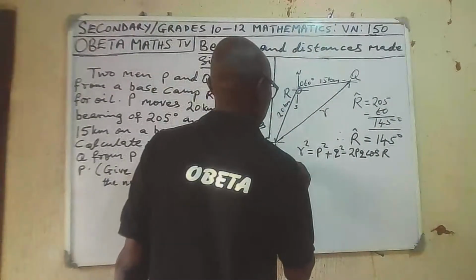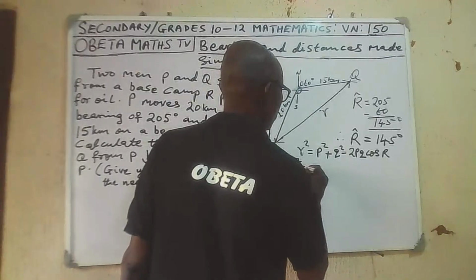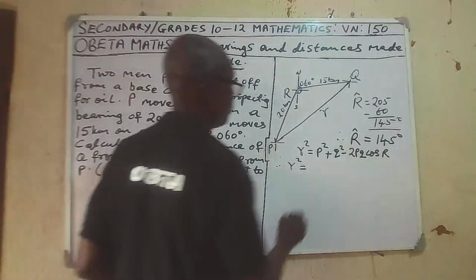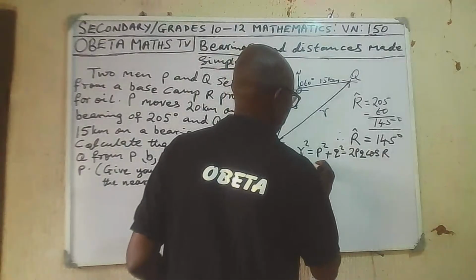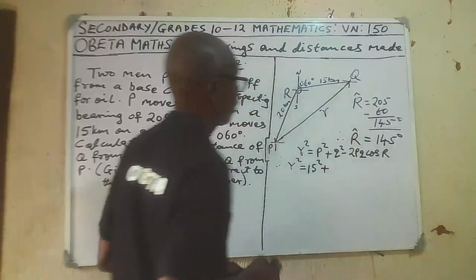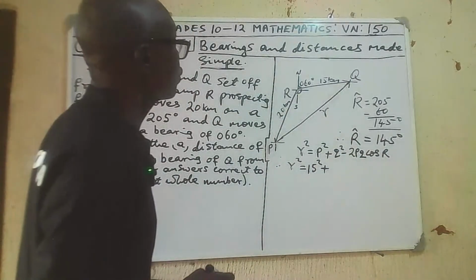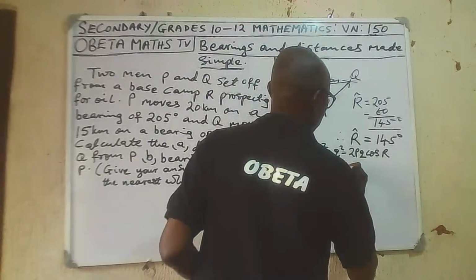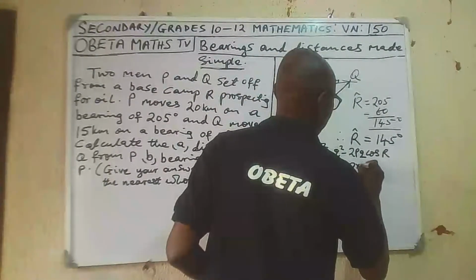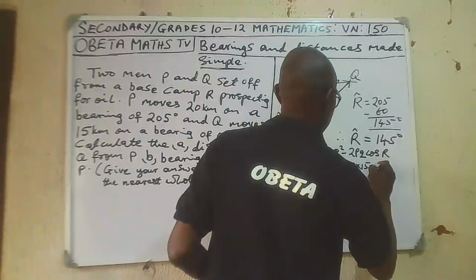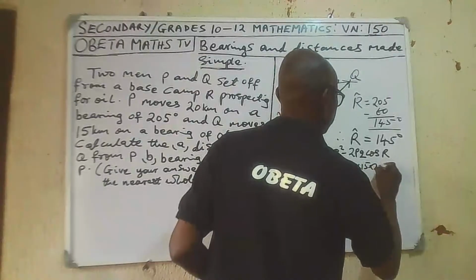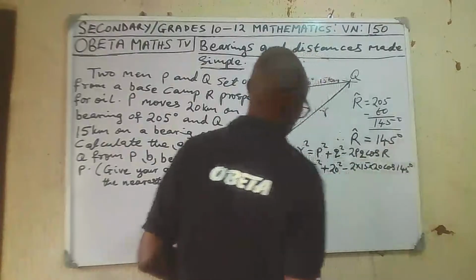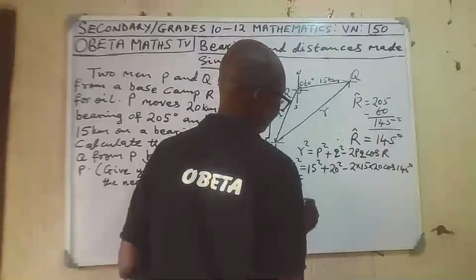So r squared should be equal to, remember that our small p is 15, 15 squared plus our small q, 20 squared, minus 2 times 15 times 20 cos 145.